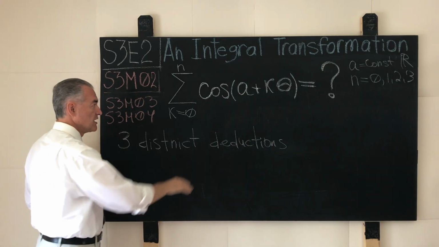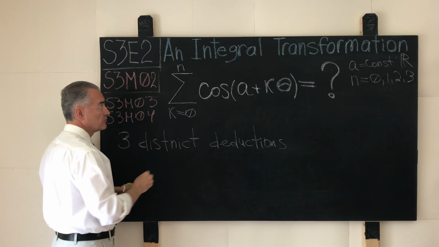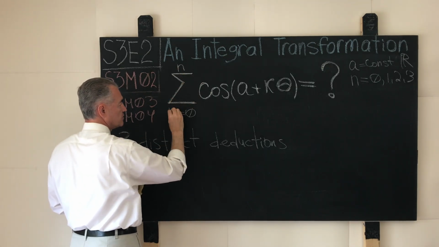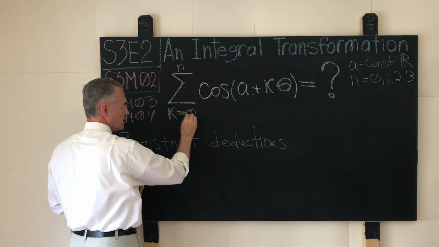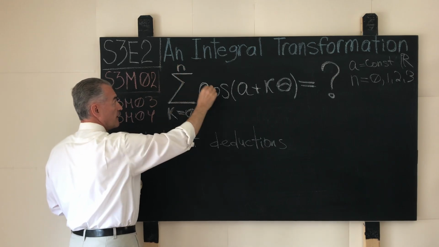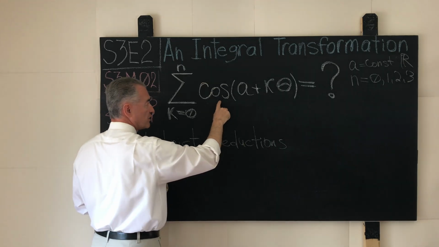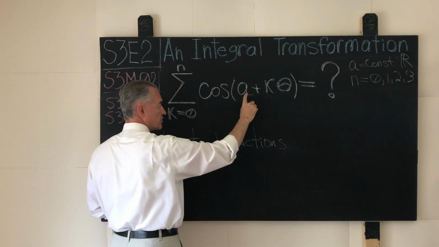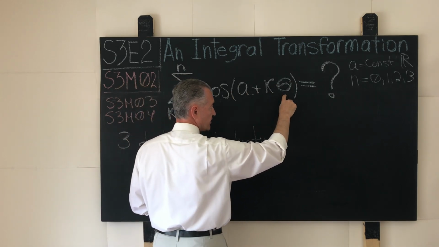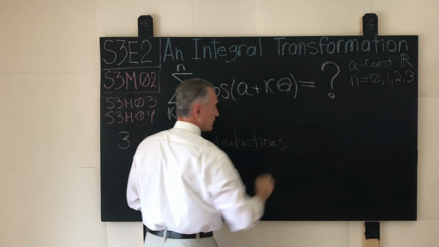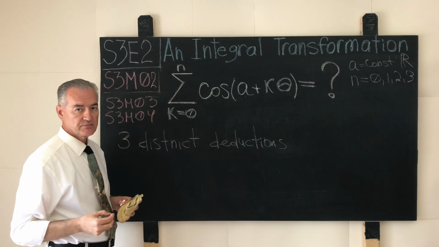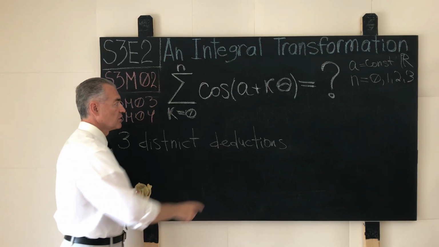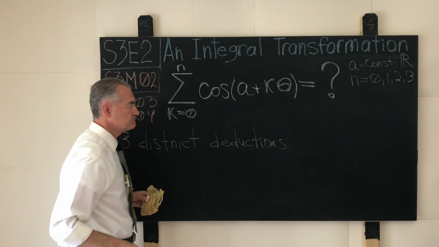idea is the same. Take this finite sum, the sum over k from 0 to n of the cosine function evaluated at the argument a plus k times theta. What is it? Can you invent, develop, synthesize, construct, discover a simpler expression for this finite sum?